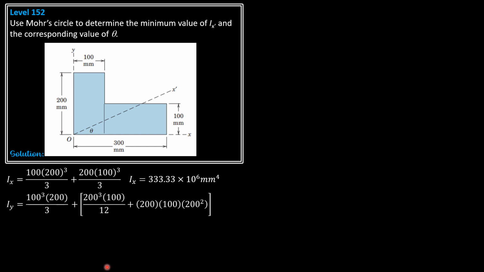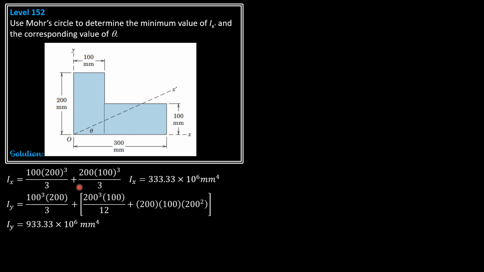So that's why we have moment of inertia with respect to the centroidal y-axis, 200 cube 100 over 12 plus area 200 by 100, then barred x square, which is 200 square. So Iy is equal to 933.33 times 10 to the 6 mm to the fourth.